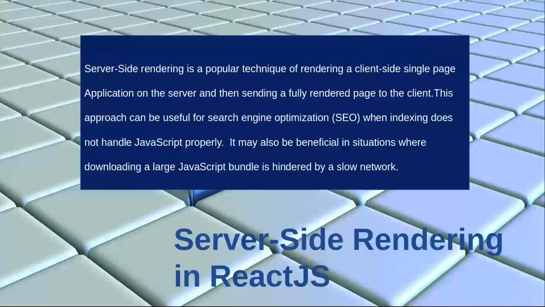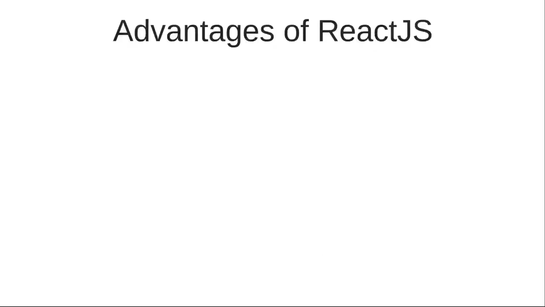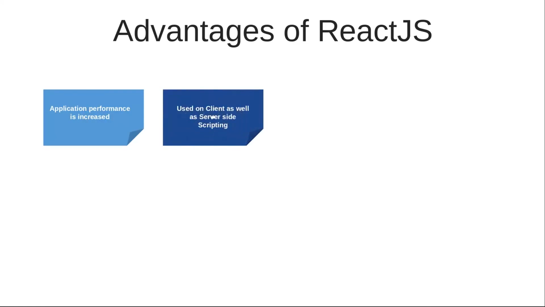Now we'll come to the advantages of React.js. Application performance is increased by using React.js, and it's used for scripting on the client side as well as on the server side.